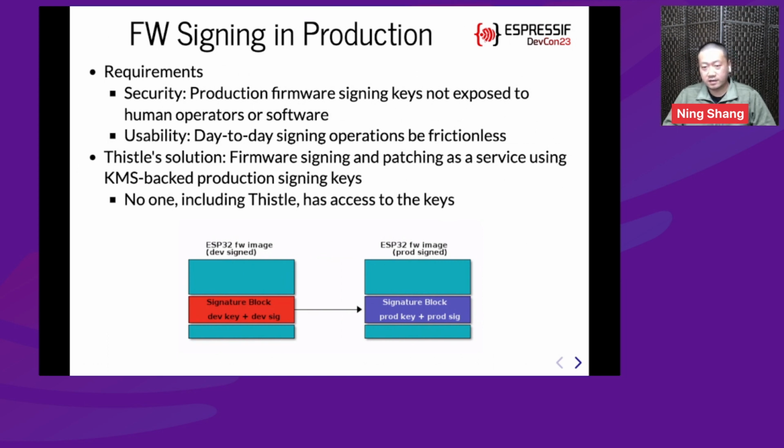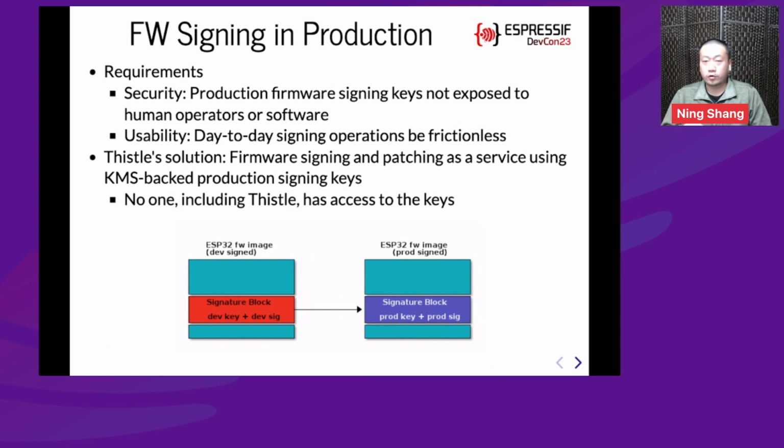Conceptually, our idea is this: the input will be an ESP32 firmware image, signed using the development signing method you saw earlier. Then this image will be uploaded to the service. The service will parse the image, extract the signature block.